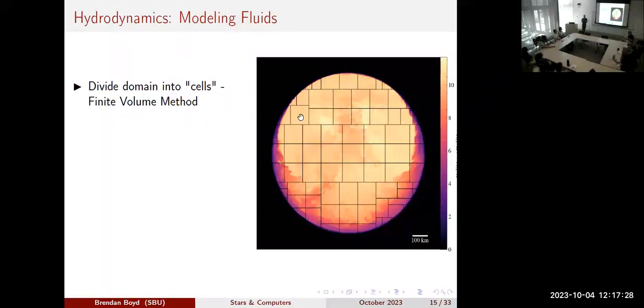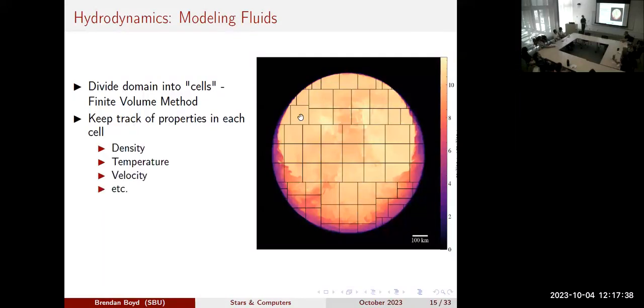So we're going to divide up our simulation domain into a bunch of little cells. This is an exaggeration. They're much smaller than this, but in each of these little cells, we're going to keep track of all the different properties like density or temperature, velocity, what sort of material is in each cell. We care about how much carbon or oxygen is in there.